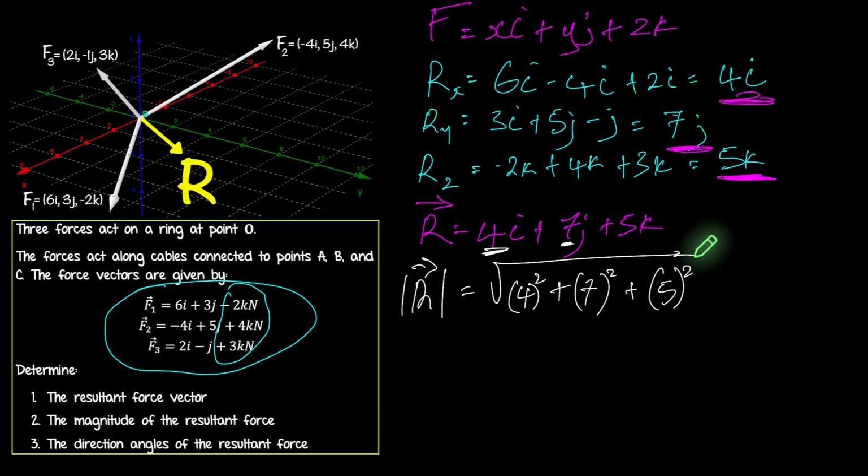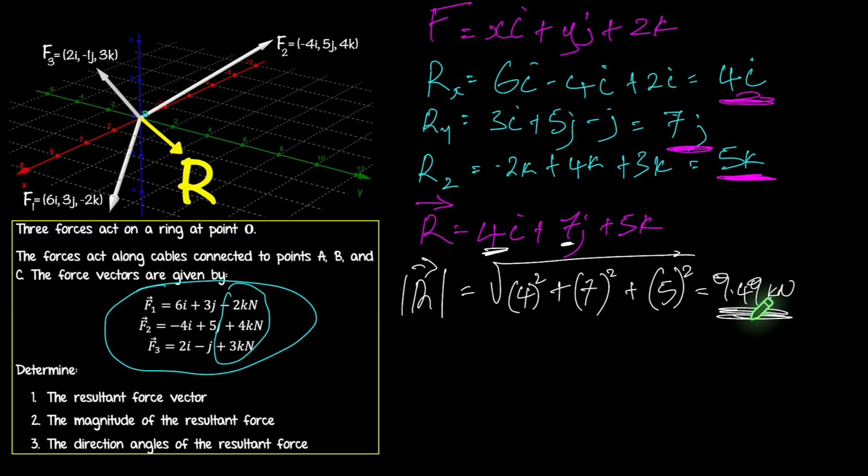So the magnitude of our resultant here is 9.49. And this here is in newtons. So 9.49, it's actually kilonewtons here for our unit.